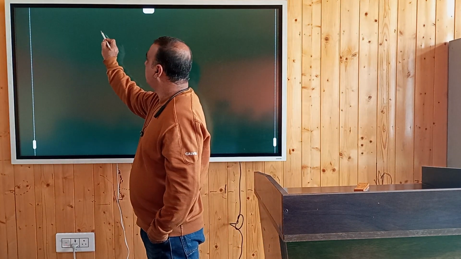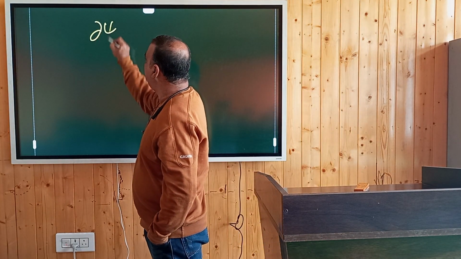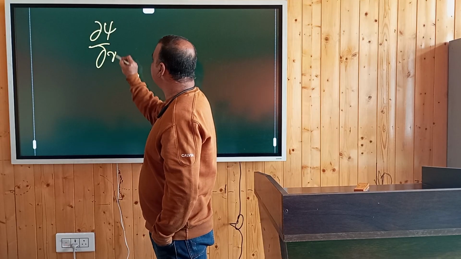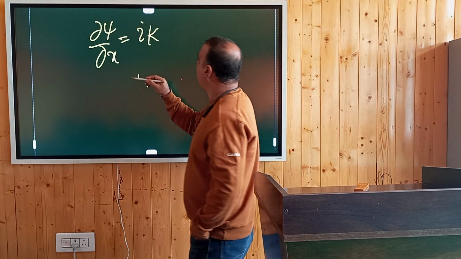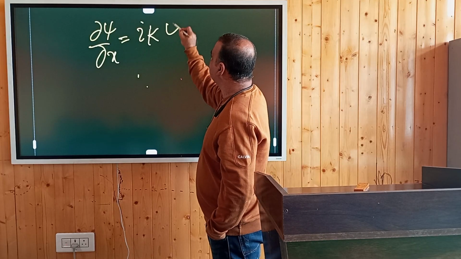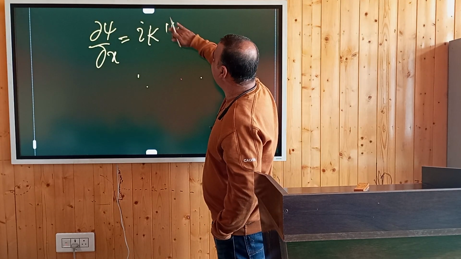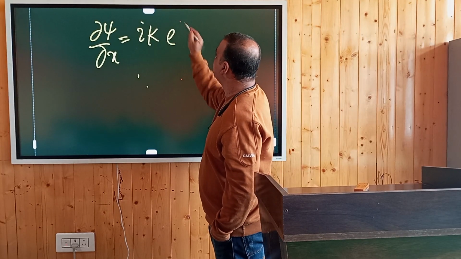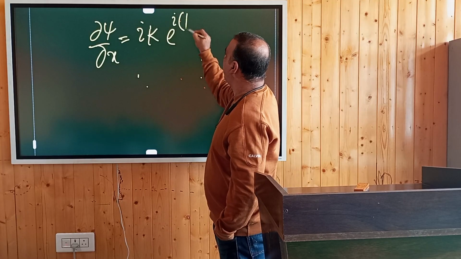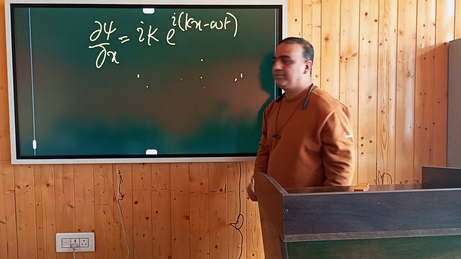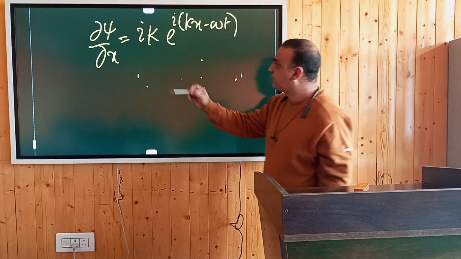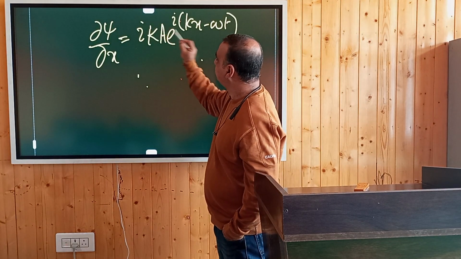That was psi of x. dou psi by dou x is iota k psi. Now I should write down psi as a whole because this is A e to the power of i(kx minus omega t). Yeah, A is with it. You're right.